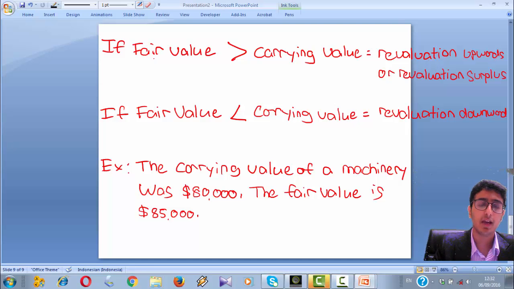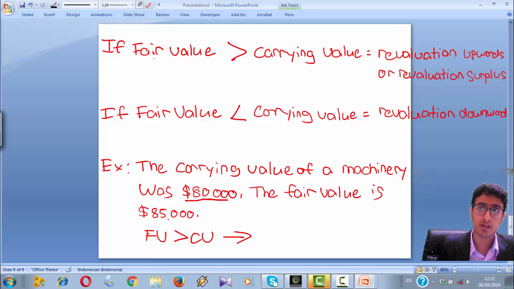The fair value is $85,000. Now let us analyze it in this manner. In our books, the value of our machinery is $80,000. But if we want to buy that same machinery today, it would be $85,000. This simply means now my fair value is greater than my carrying value. This means it's a revaluation upwards of $5,000.